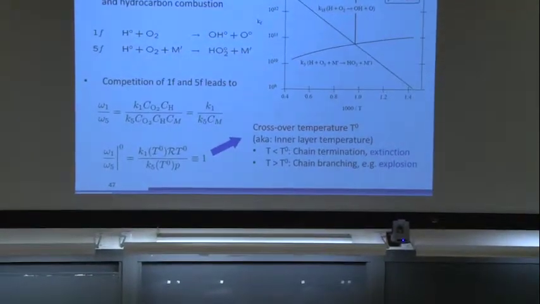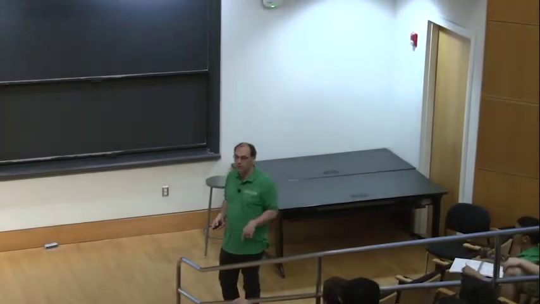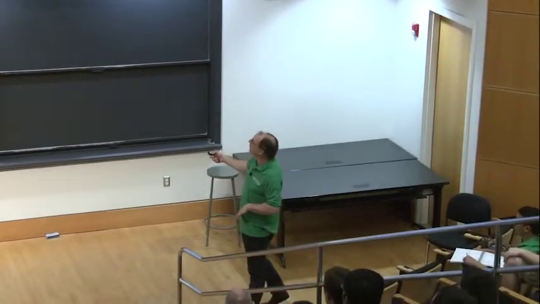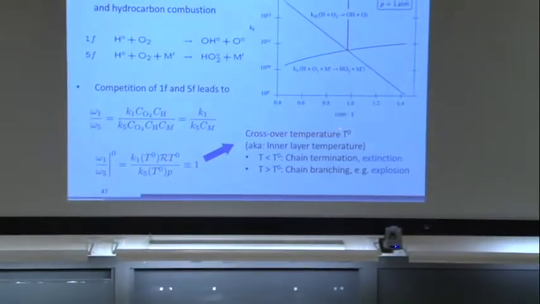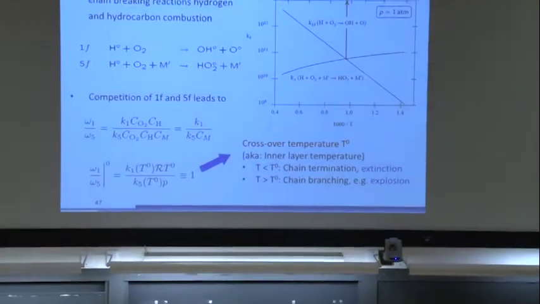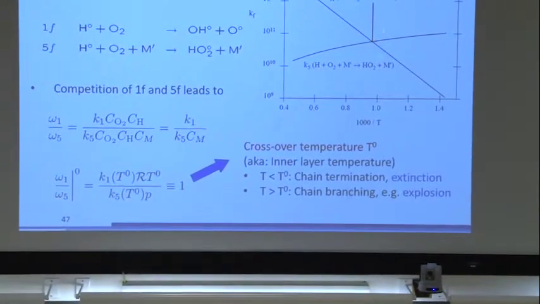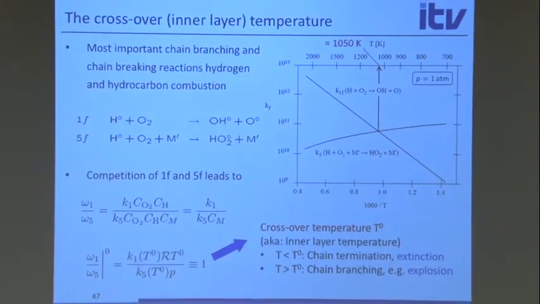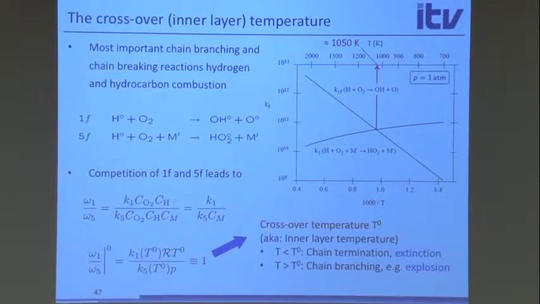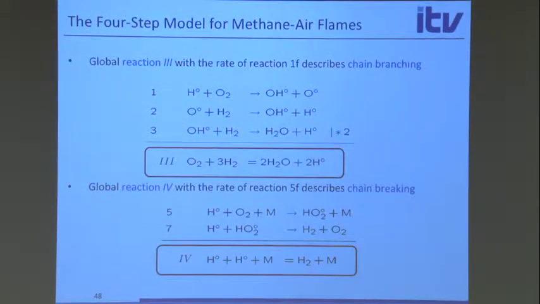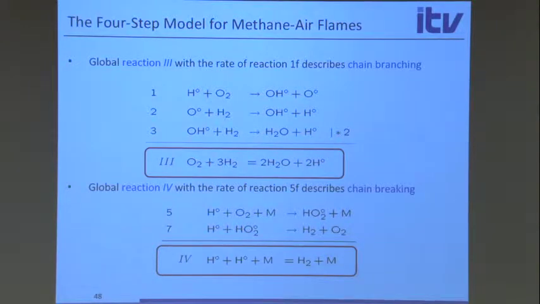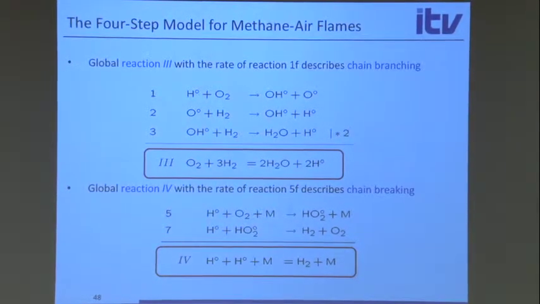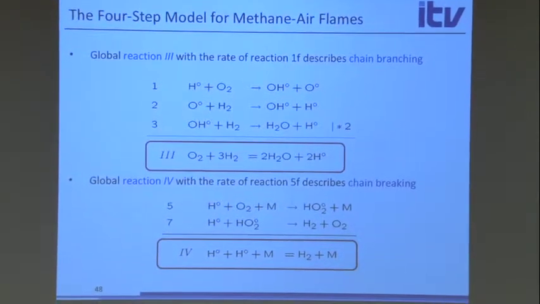But that is, in the terms we used yesterday, the ignition temperature, right? So here we call this the crossover temperature. We also call it the inner layer temperature, because, as we'll see later, that's where all the action is at roughly that temperature. Okay, so then we can look at what happens to the species.